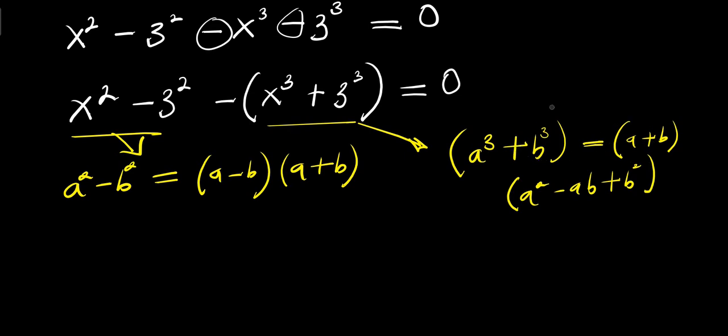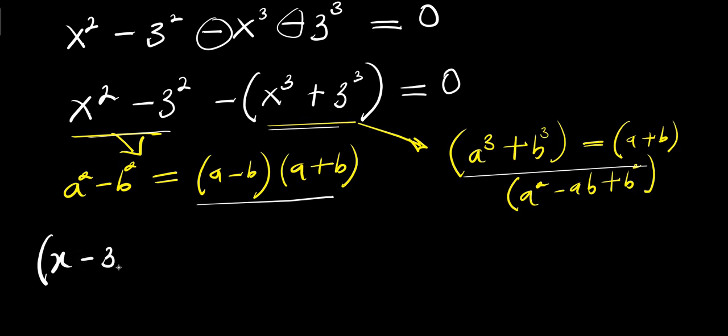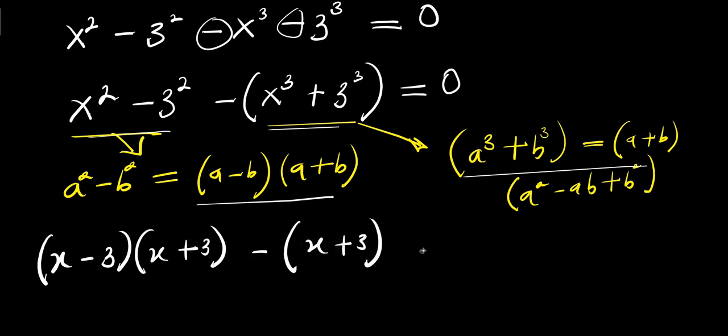So what we are going to do will be to apply this and this right here and here. So we have x minus 3 times x plus 3 minus x plus 3 times x squared minus x times 3 plus 3 power 2 equals 0.